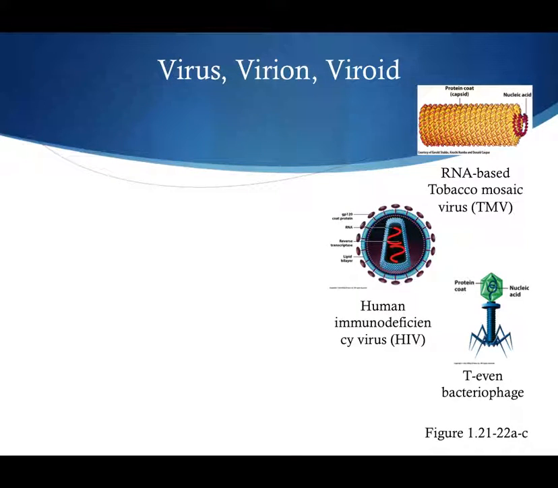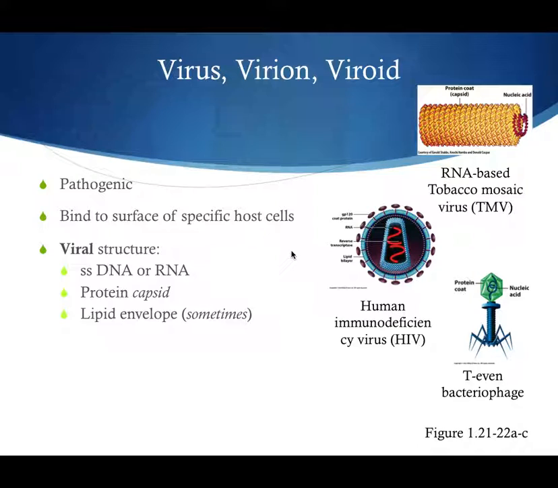We will conclude this chapter discussion with an introduction to viruses. It is important to acknowledge them as they have a significant impact upon life. Viruses are pathogenic or disease-causing to cells. They bind to the surface of specific host cells, and viruses are structures made of protein and nucleic acids such as single-stranded DNA or RNA.